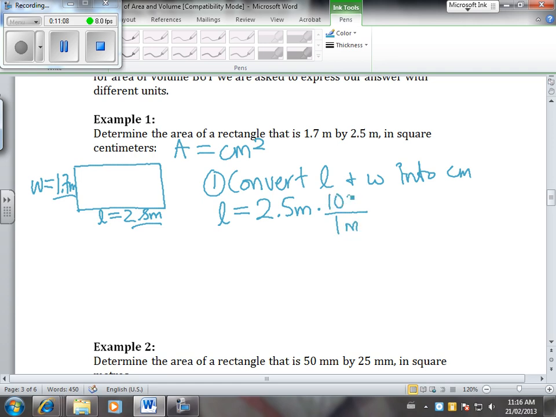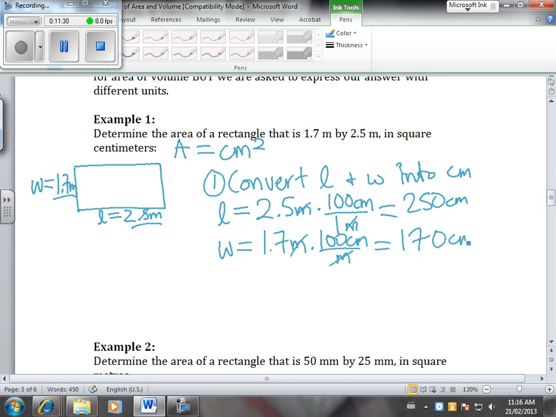I hope you said 100. So we have 250 centimeters. And for width, we have 1.7 meters. We know there are 100 centimeters in a meter. I'll cross those out. So we have 170 centimeters.